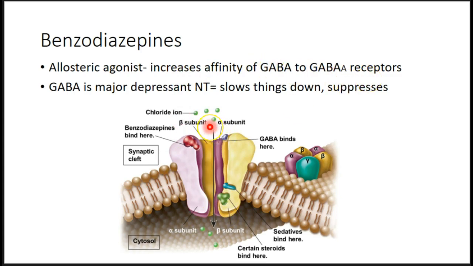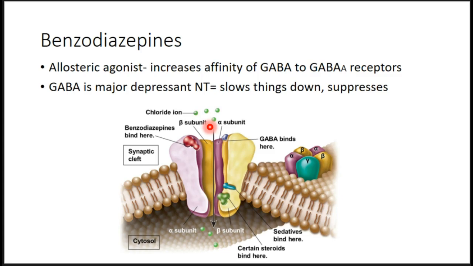So the same amount of GABA is going to bind to this receptor more often, more frequently. So your GABA activity will increase. So we'll give this to people with anxiety on the basis that they have some overactive neurons. They have too much activity in certain brain regions, and we're going to suppress some of that activity, and it's going to make them feel calmer. That's the idea.